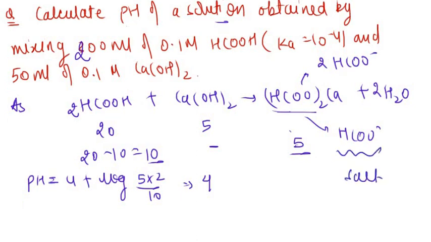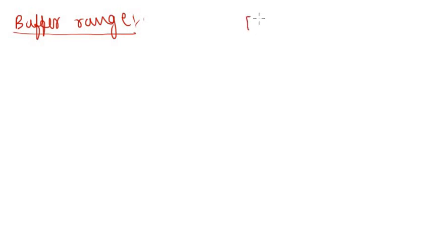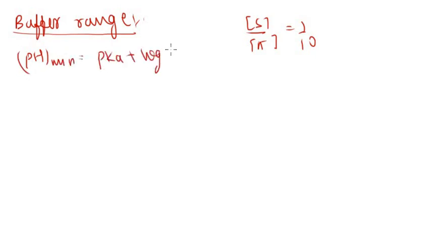Now let's talk about the buffer range. What is the range of the buffer? Up to what range is the buffer active? We have seen the concentration of salt upon acid when it is 1/10, so pH minimum is pKa plus log 1/10, so it is pKa minus 1.